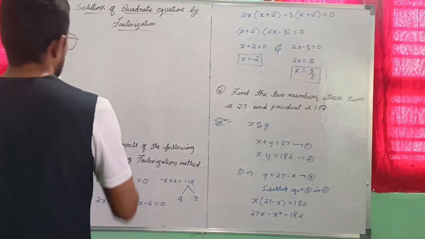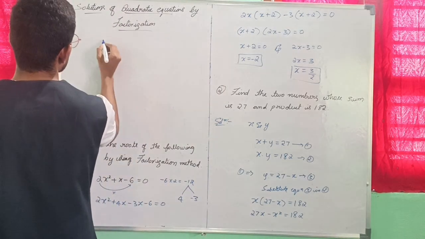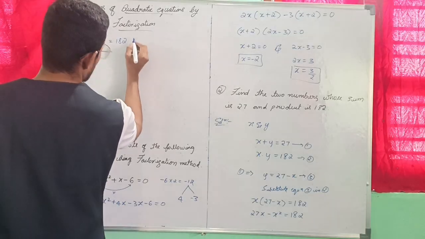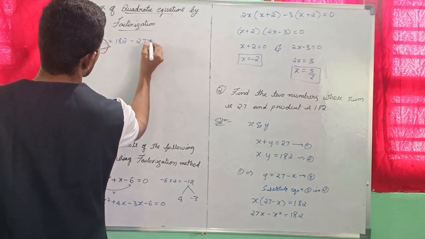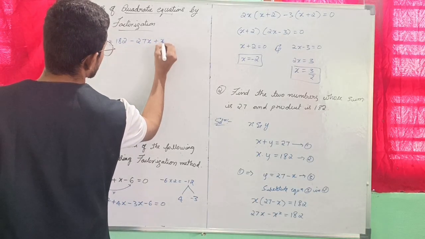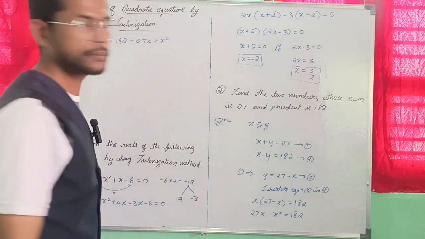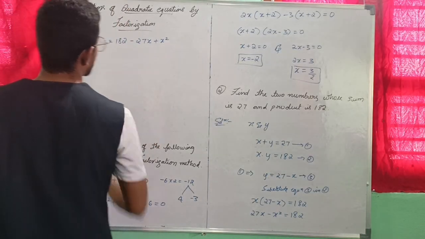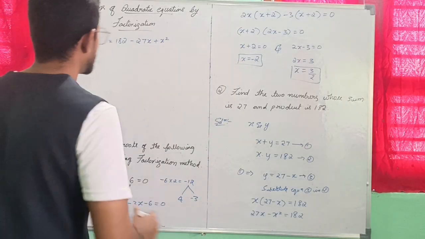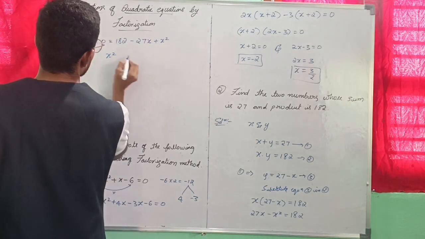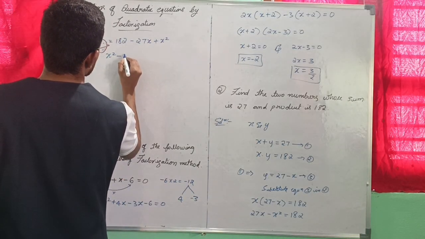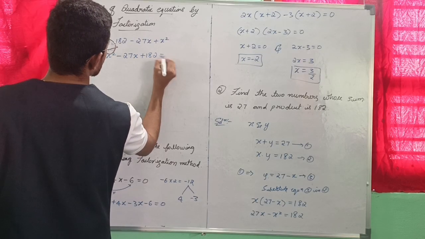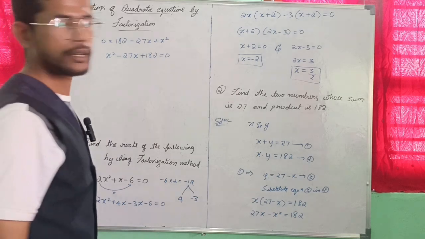When we shift it, it is equal to 180 minus 27x plus x squared, right? Now let's write it in quadratic equation form, that is x squared minus 27x plus 180, which is equal to 0.